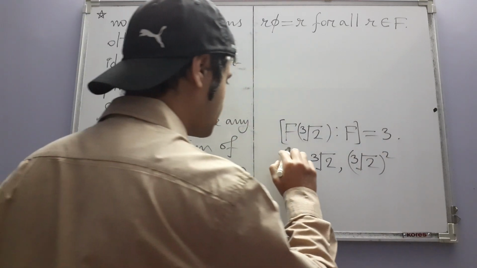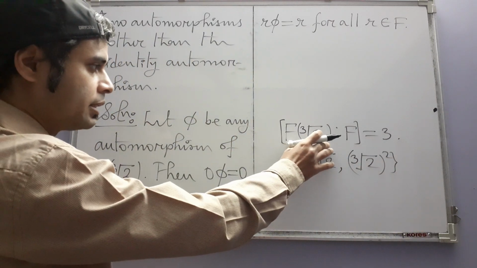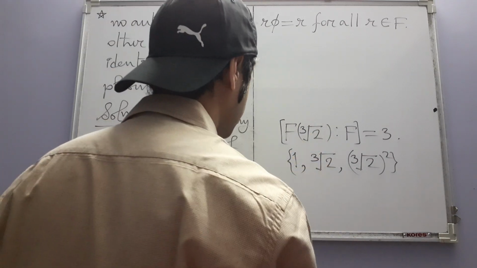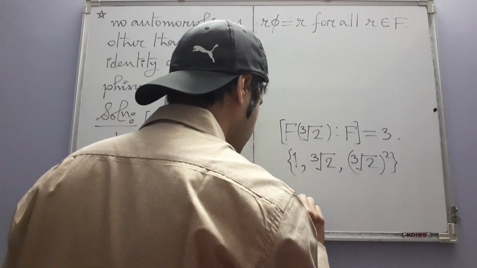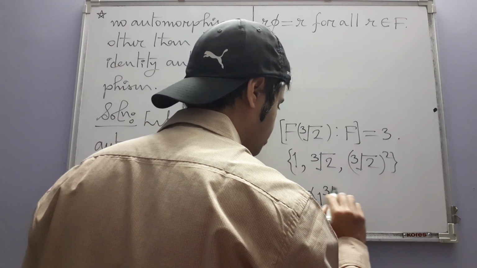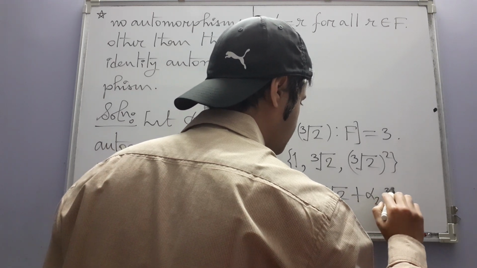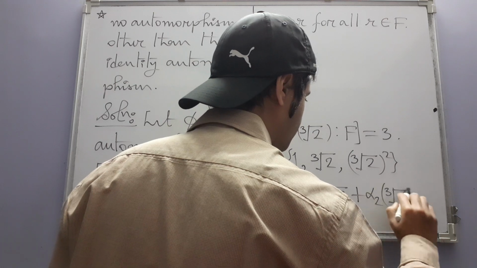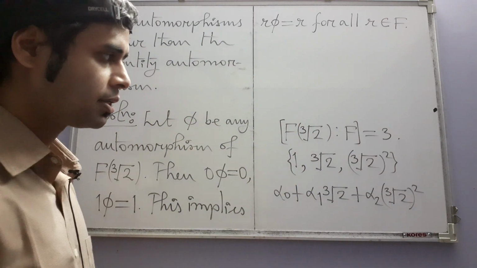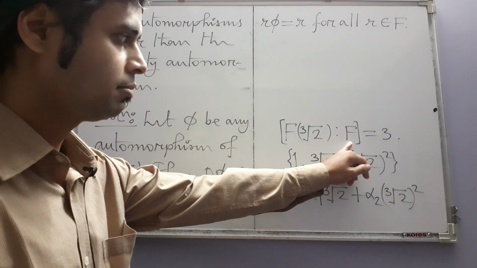Which means that the typical element or the general element in this extension looks like this: alpha naught plus alpha 1 times cube root of 2 plus alpha 2 times cube root of 2 square, where this alpha naught, alpha 1, alpha 2, they are rational numbers, that is, they are coming from the base field.